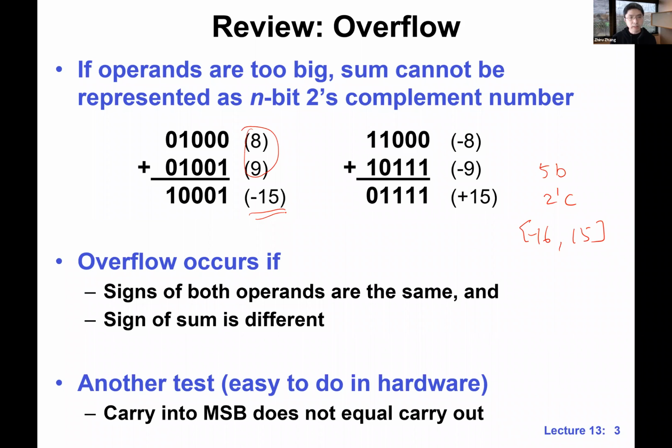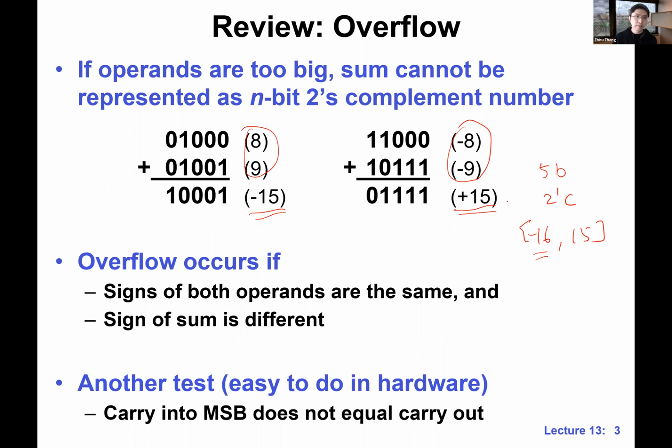We're seeing minus 15 instead. Same thing here. If you look at this example, the expected value is supposed to be minus 17. It is also out of the range because we can only represent minus 16 with 5 bits. So that's where we are seeing another wraparound. Okay, so this is where overflow happens.